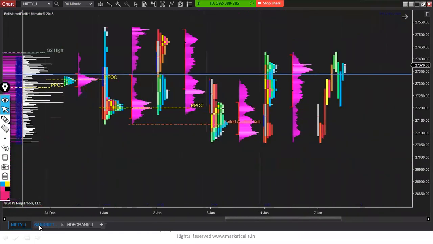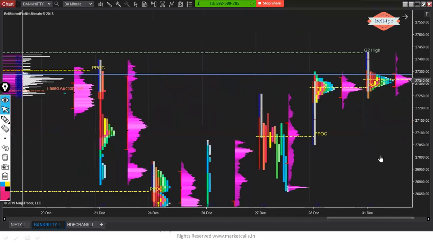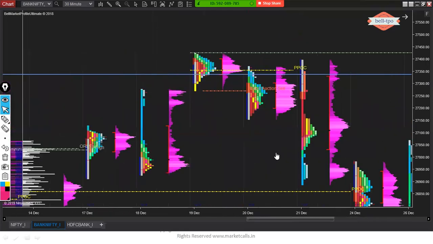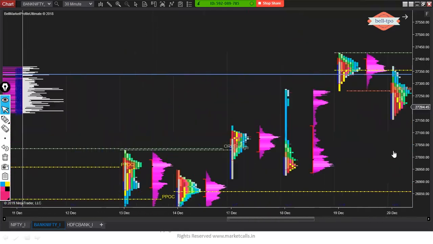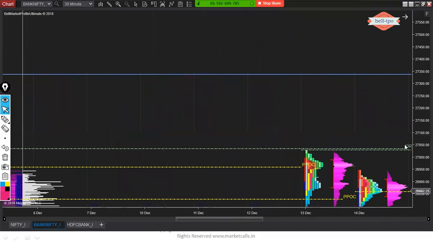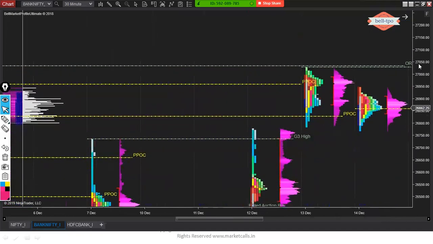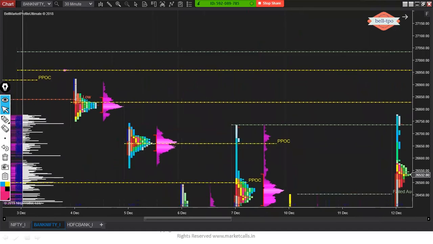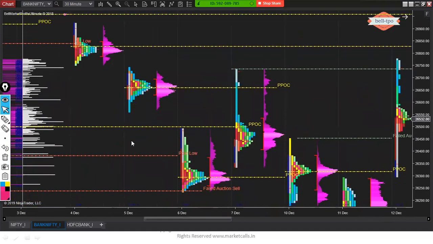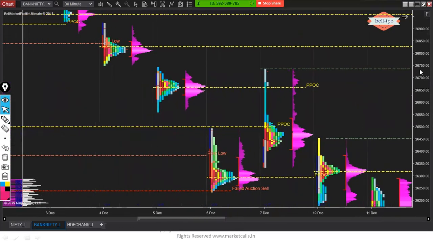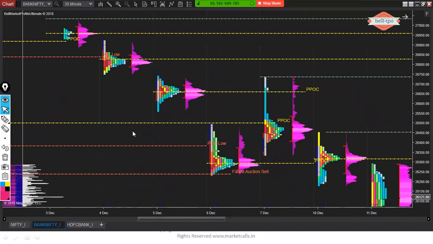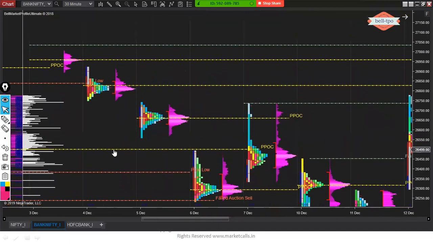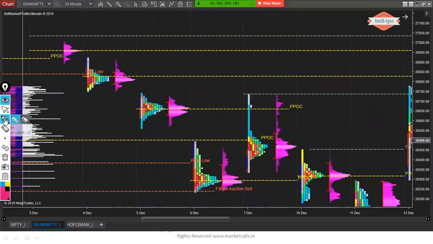So we got the signature trading opportunity. By that time itself, we were bullish. Right? You see that these are the four trading activities supposed to happen.